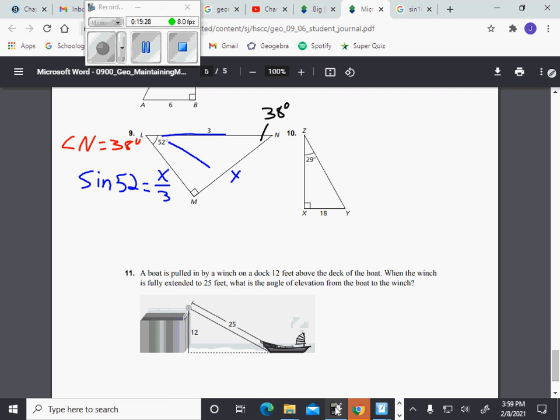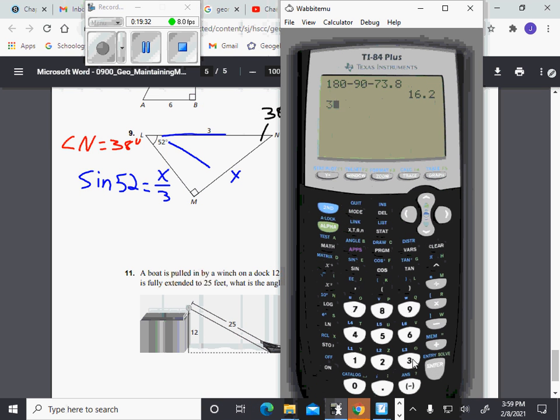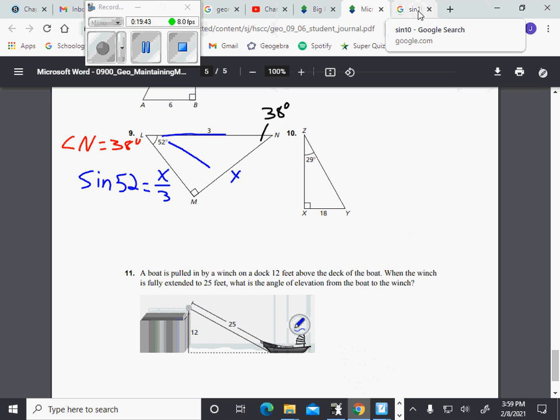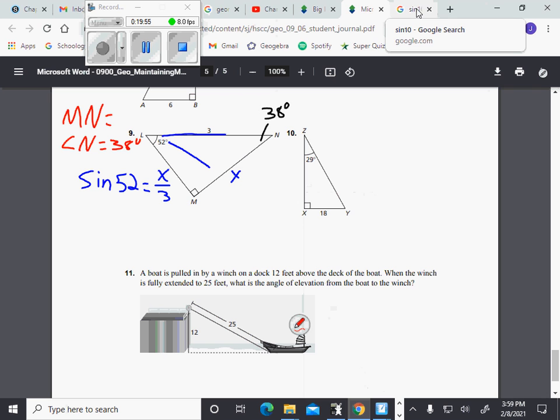Multiply by 3 on both sides. So 3 times the sine of 52, I get 2.4. So x, or MN, my final answer, is equal to 2.4.